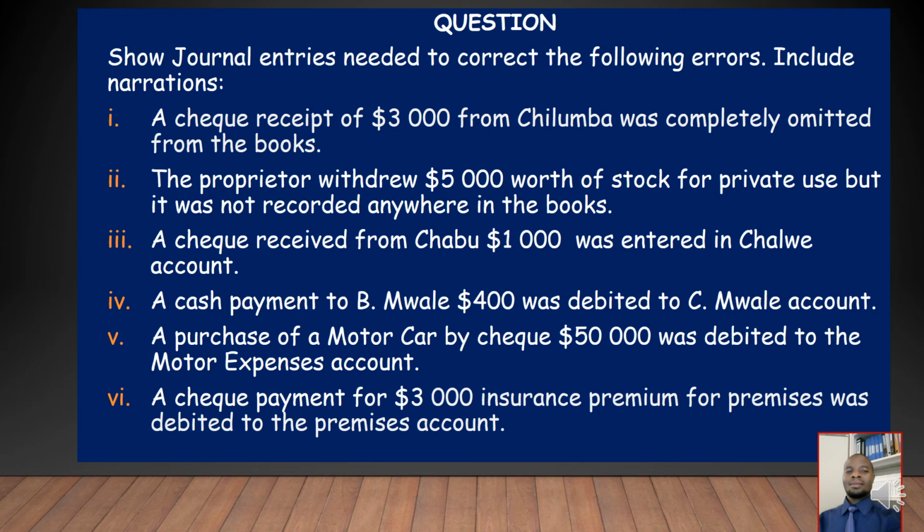So what are we supposed to do? We are supposed to remove that debit entry in C Mwale and post it to B Mwale. So the mistake here is an entry was made in C Mwale instead of B Mwale. So we cancel the debit entry in C Mwale and post it to B Mwale account.